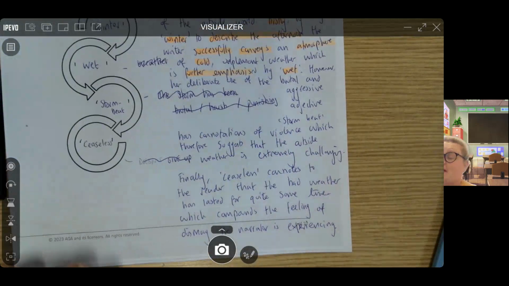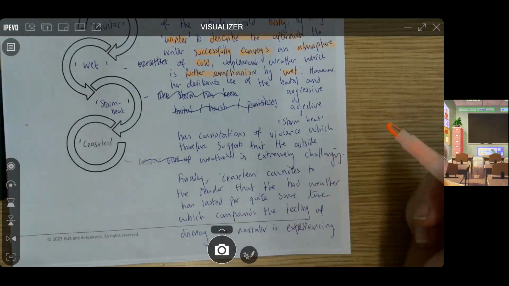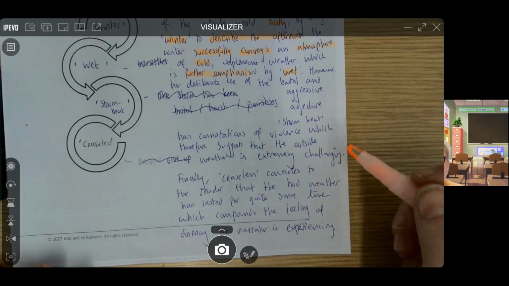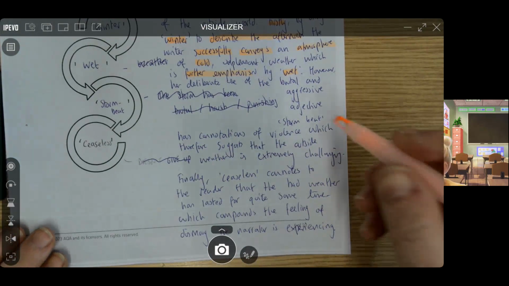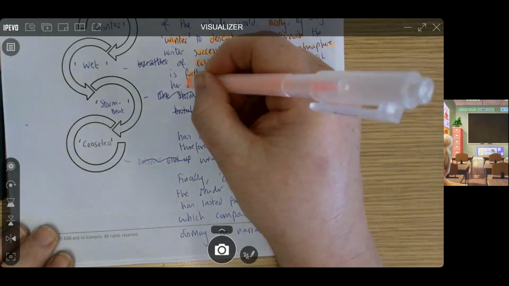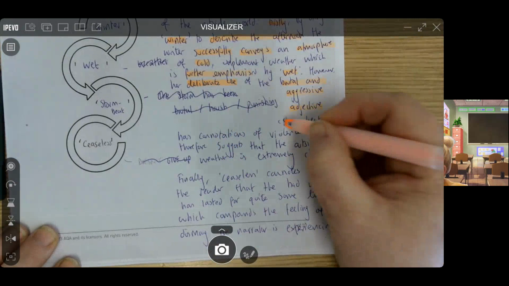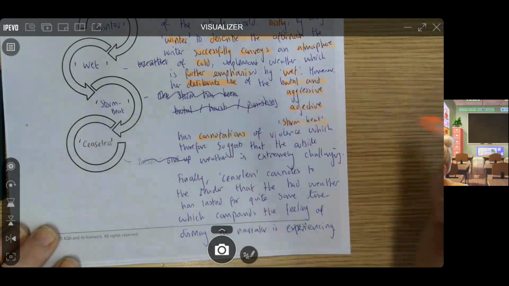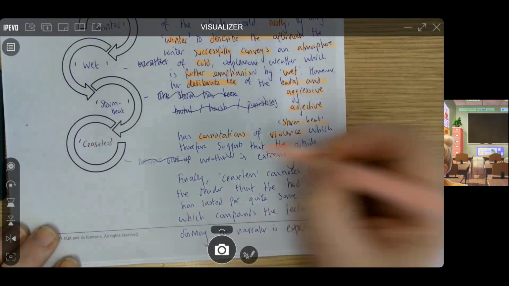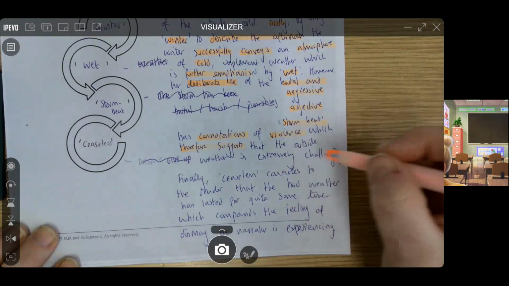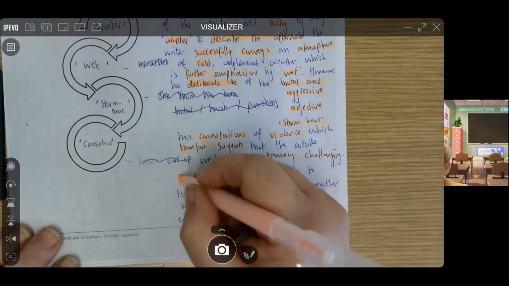So again, apologies for my handwriting and the slight mess here, but let's look at the rest of it. However, and again, we've talked about the writer's intentions. Deliberate use of the brutal and aggressive adjective stormbeat has connotations of violence, which therefore suggests that the outside weather is extremely challenging.